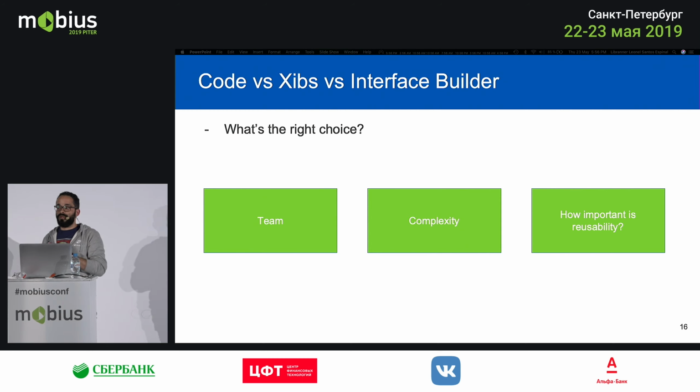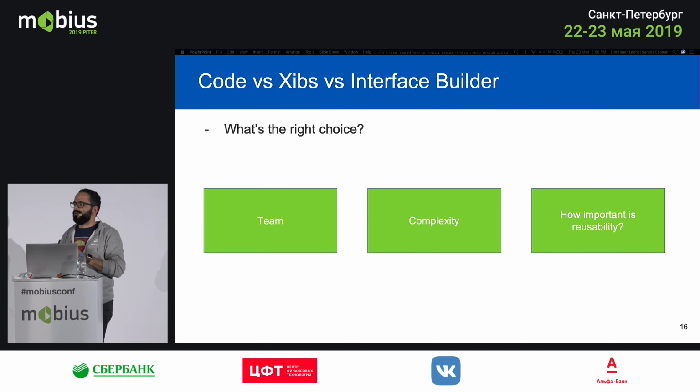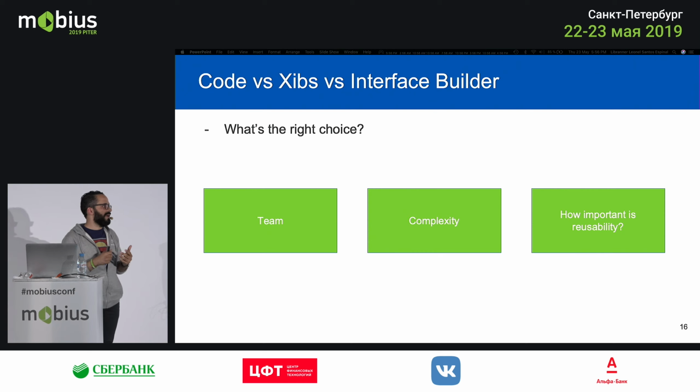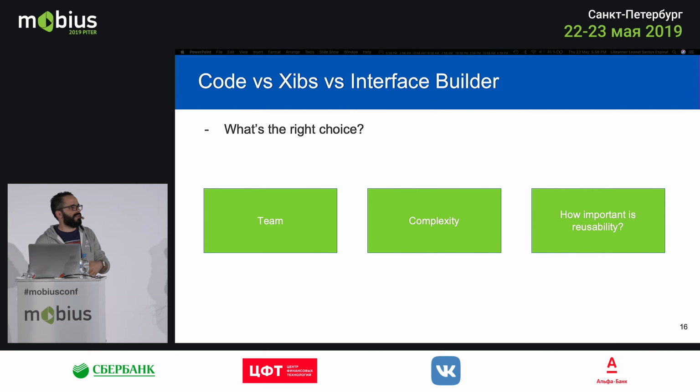Because, for example, working with auto layout is not that easy if you just do code, because you don't have the automatic feedback you have while working with interface builder. And you have to write all this code and then run and then change things and then run again. So if you have people that don't have that experience, maybe it's not the best choice going for code.